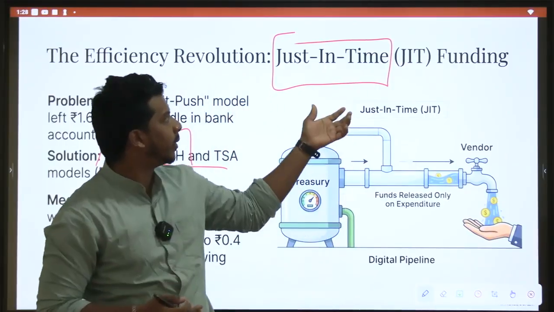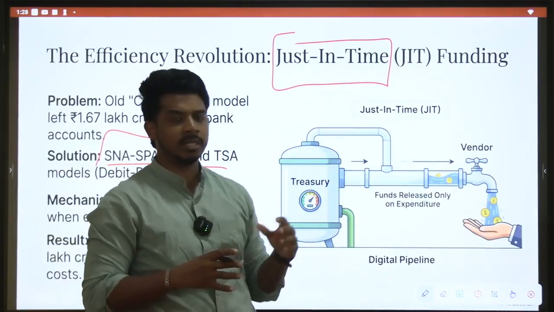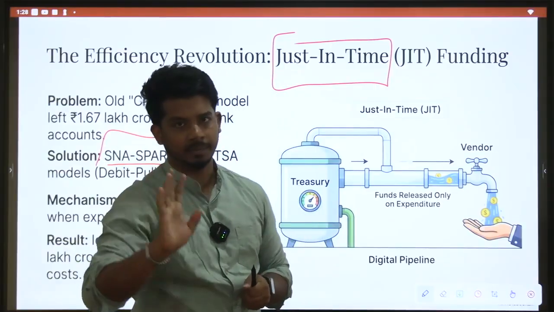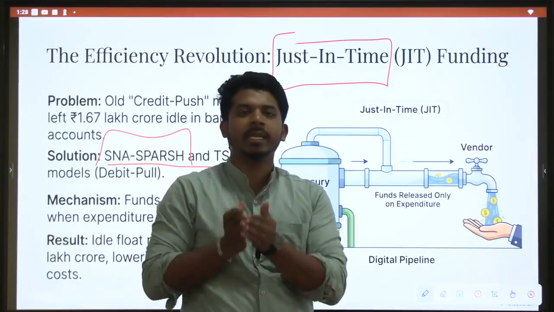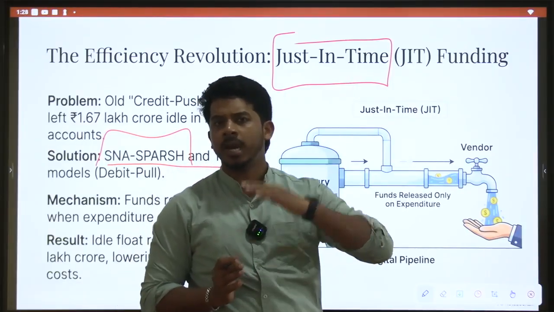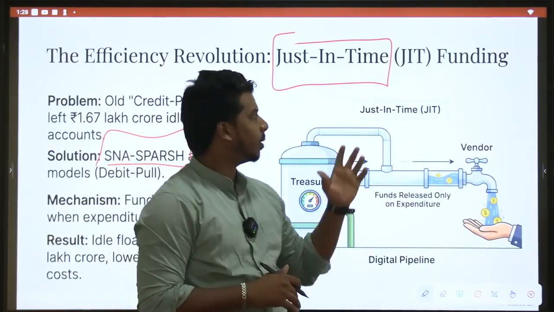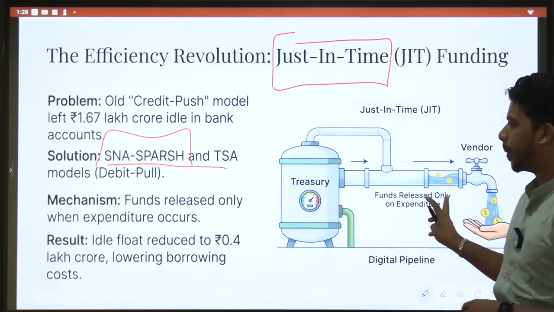So now we have come up with this just in time system. Only when the Andhra Pradesh government is just about to make the payments to the concerned party, only at that moment will the government of India give. So it will promise, but it will not give money till the actual execution of the project. This is how we are reducing our inefficiency. Just in time SNA SPARSH.